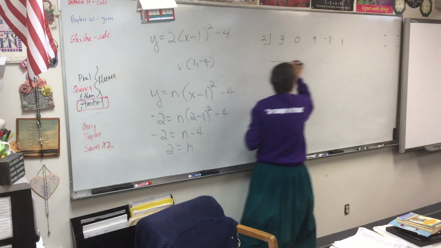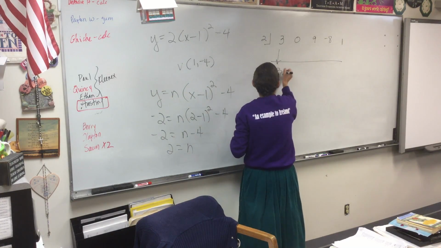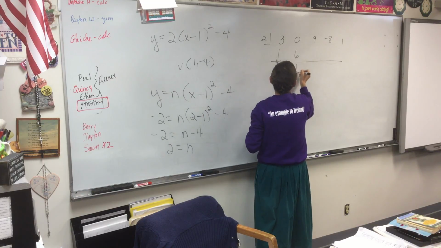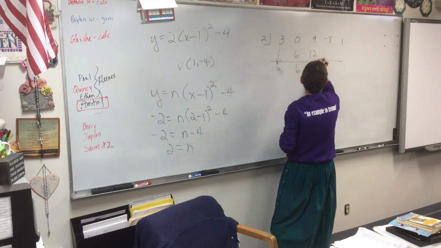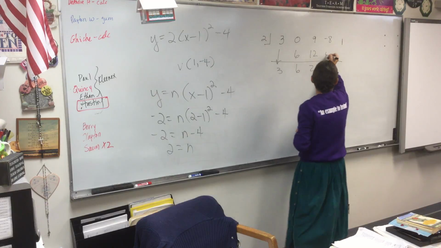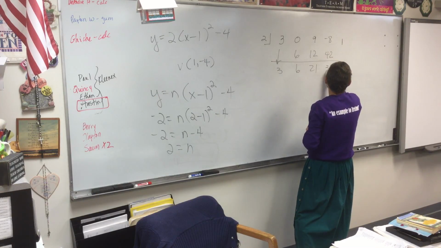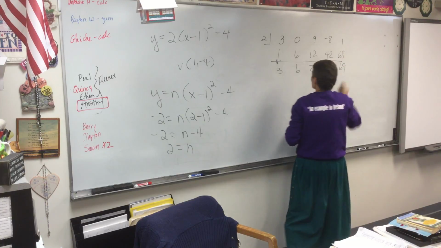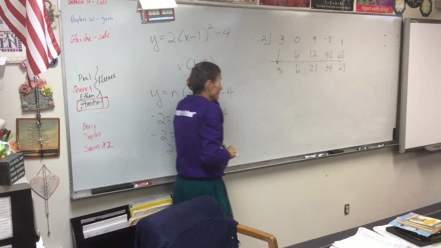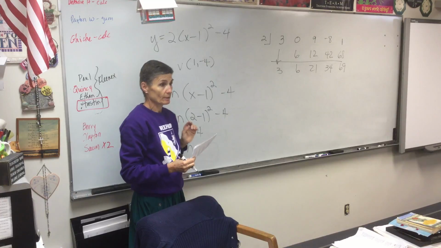So now I'm ready to go. 2 times 3, 2 times 6, and so on. Double check that arithmetic. How does that look?